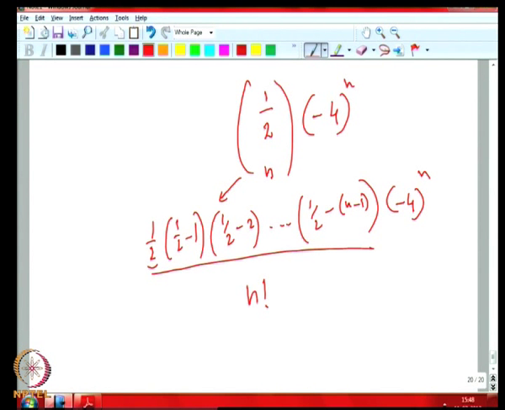If you have forgotten how to do this, you have to go back to some classes where we discussed this kind of thing and figure out what this was.